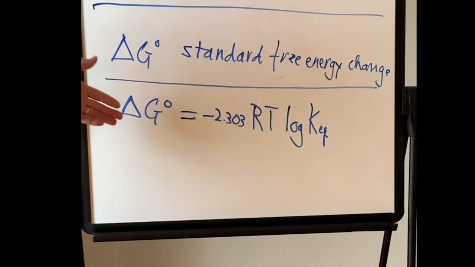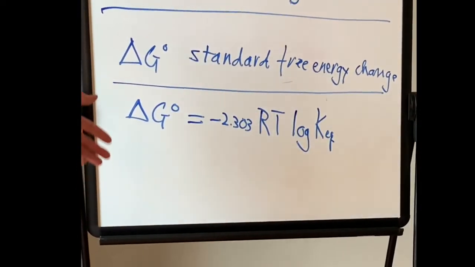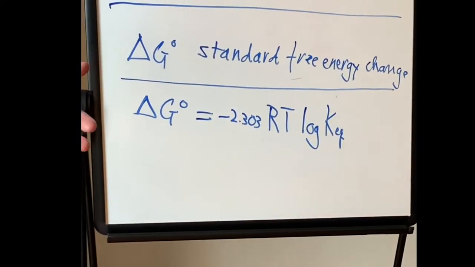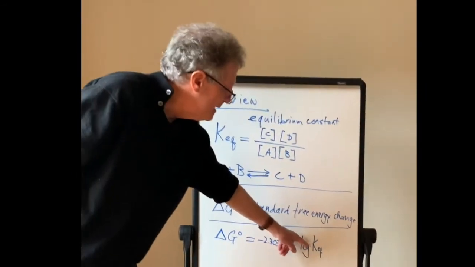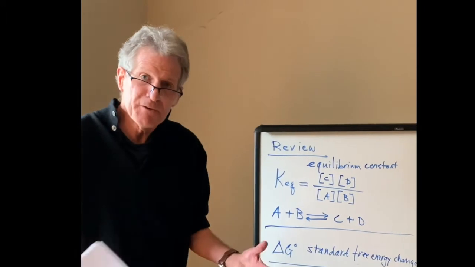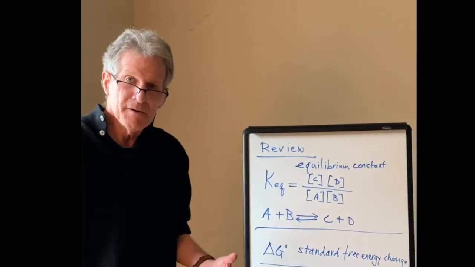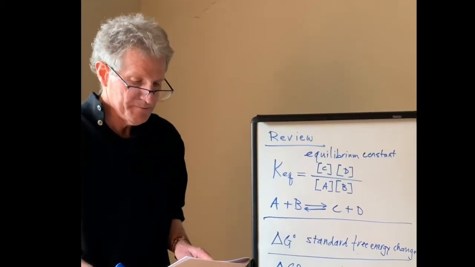It's saying that the information that's packed in the standard free energy change, we have tables of these, for example, or in the form of the equilibrium constant, they're related to each other. So if we have one, we can figure out what the other one is.